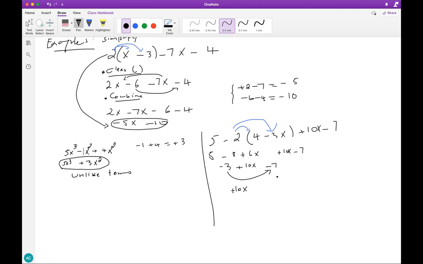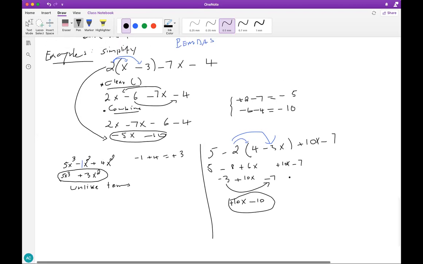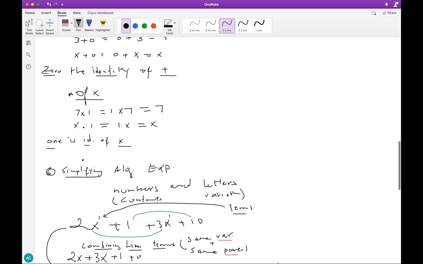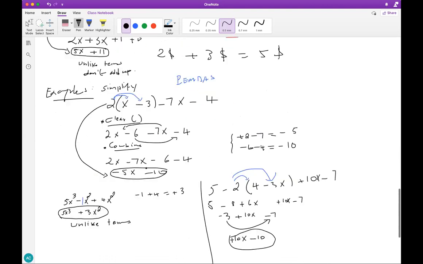So negative 3 minus 7 is negative 10. And that's the final answer. You can't do anything else because this one has x, this one doesn't. So these are unlike terms. We can't combine them. And that's basically how you simplify your algebraic expressions using the properties that we just learned.